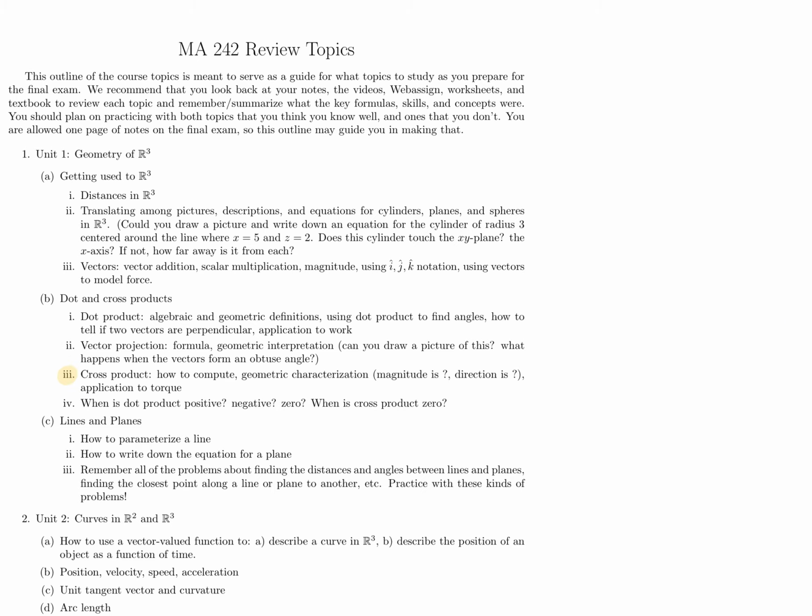The next topic is cross product, and again, let me just remind you of some of the important properties of cross product. So first of all, there's a complicated formula for cross product. So I'll just say, first of all, you have to know the formula, and by this I mean the algebraic formula. I'm not going to write that down right now, because what I really want to know is the geometric characterization.